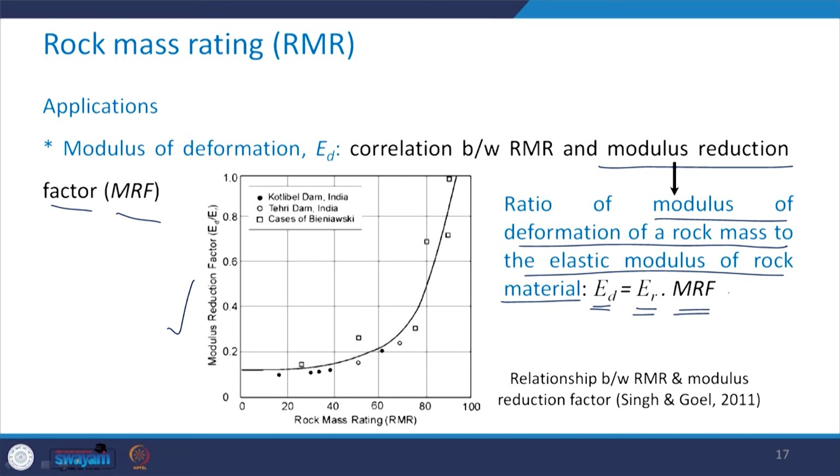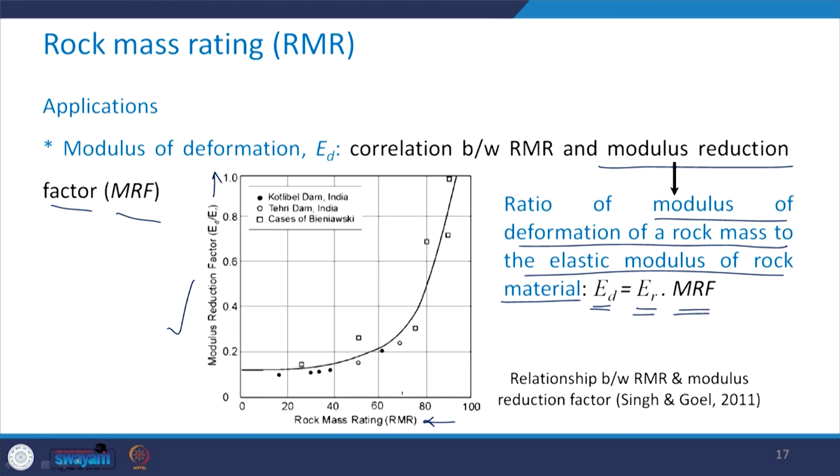Take a look at this figure which gives you the relationship between RMR and MRF. On the x axis it is the RMR which has been plotted, and on the y axis you have this ratio ED upon ER. Now, say the value of RMR works out to be 70.